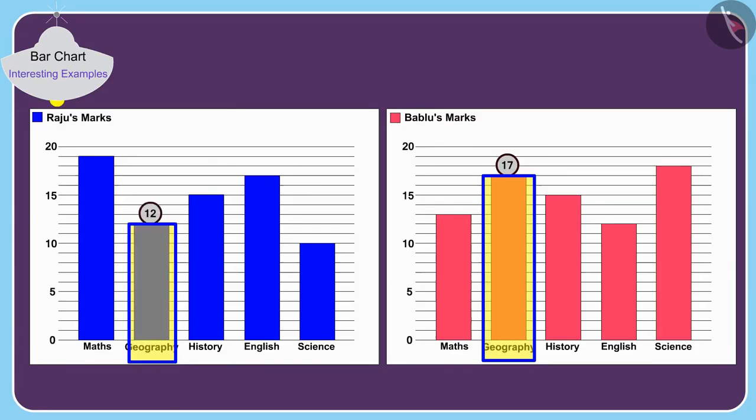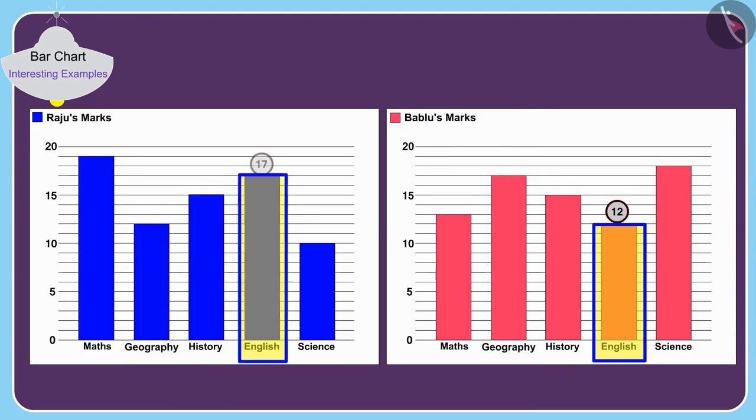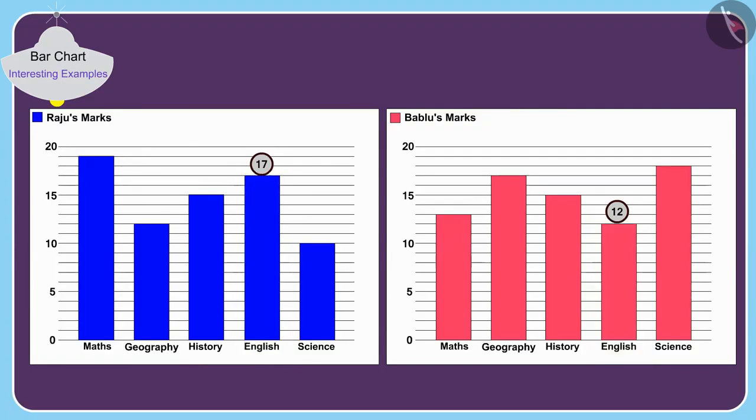So, in geography, Bablu has got 5 marks more than Raju. And in English, Bablu has got 12 marks and Raju has got 17 marks. So, in English, Bablu got 5 marks less than Raju.